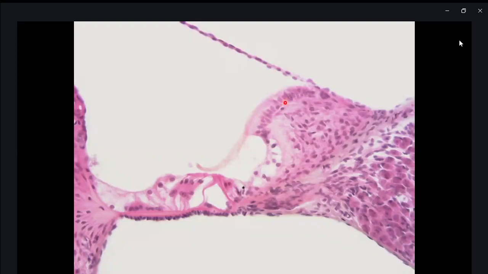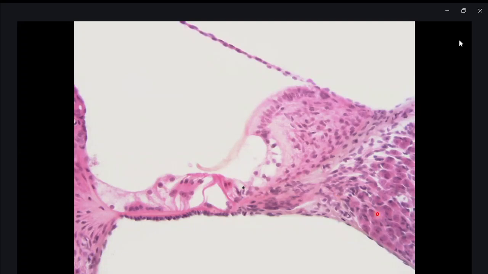The inner hair cells are responsible for transduction of the mechanical movements of the membrane because of the fluid displacement, and then transmission of that to the spiral ganglia.